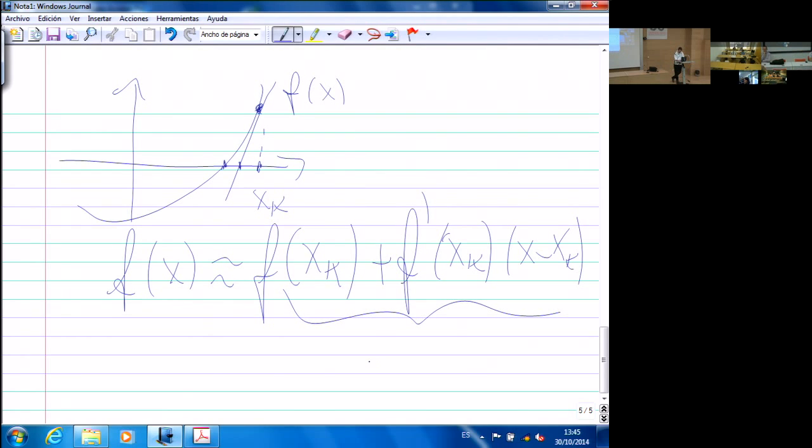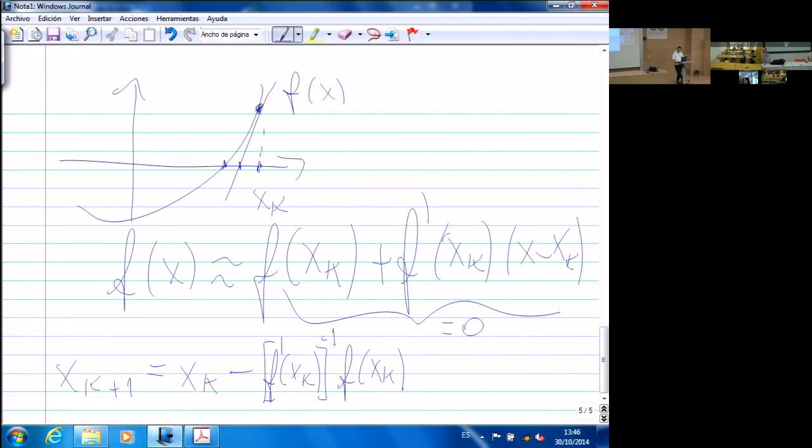So I get the usual formula: xk plus 1 is equal to xk minus the derivative of f at xk inverse times f of xk. Okay, this is the Newton method for one function.